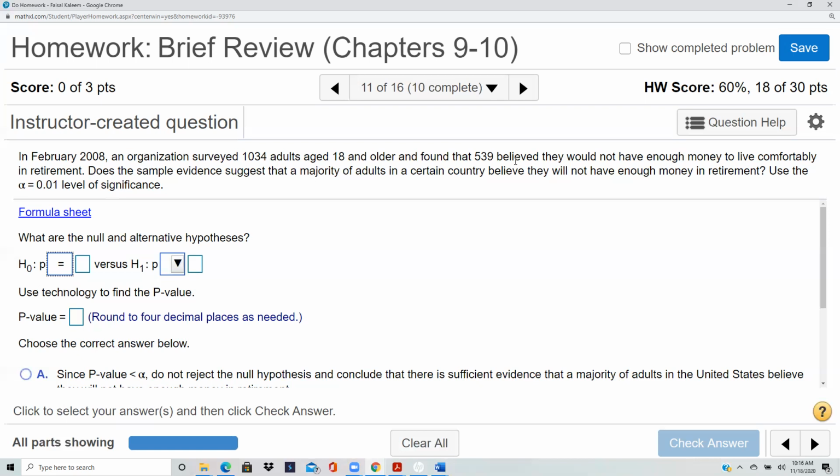Now, you said the qualitative part, whether they have enough money or not, but what's the numerical part of the problem? Let me go to that one.